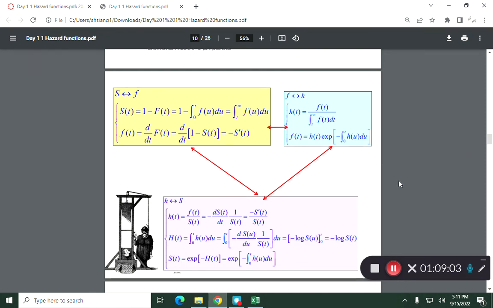I would say to make these things really, really clear requires a lot of going back and forth among this whole three.